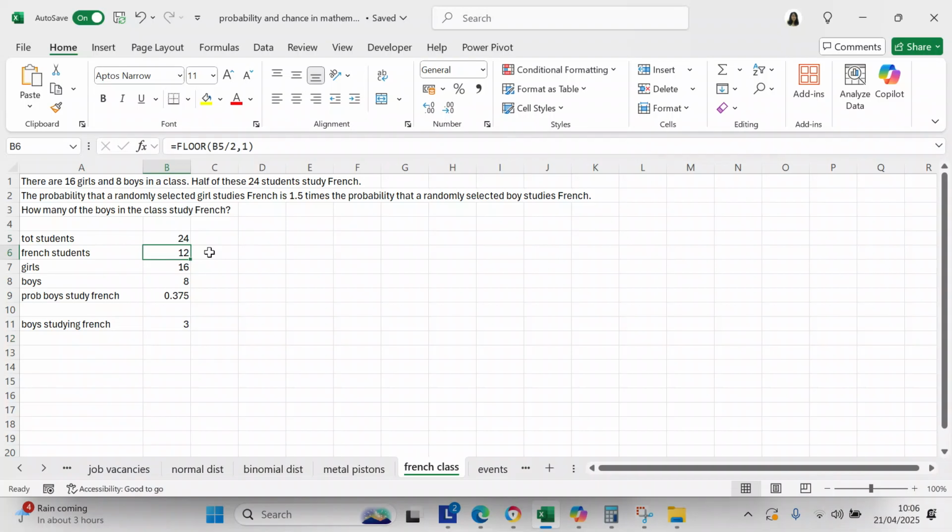If there had been 25 students, you're not going to be able to have 12 and a half students studying French, so it has to be converted to an integer, which is 12. Let's use 25 as an example, and you can see it's still 12. We'll go back to 24, which is what we had. Even if it was 25 students, it would be 12. But let's try 26, so it's 13.